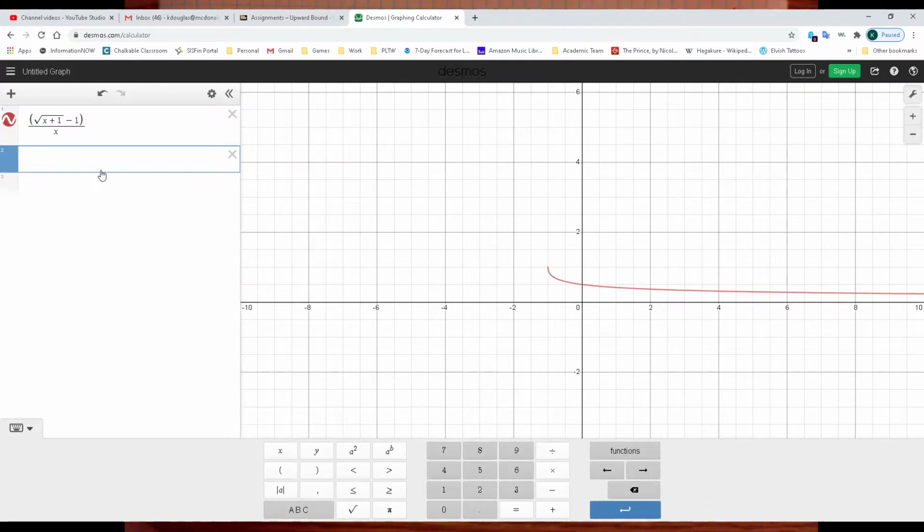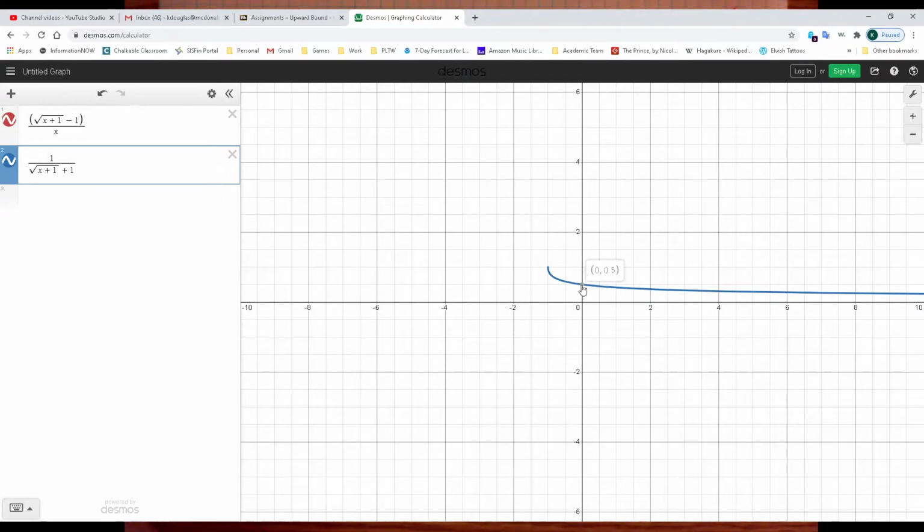What equation did we get when we simplified this? If I look at my paper, I got 1 divided by the square root of x plus 1, plus 1. Notice these are the exact same equations, but this blue one has an answer at 0 and it's 1/2.